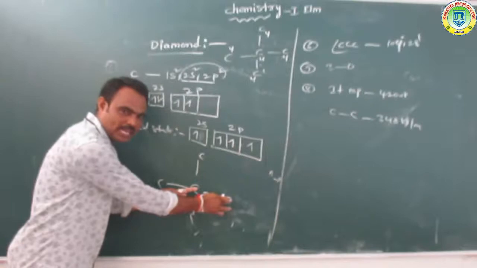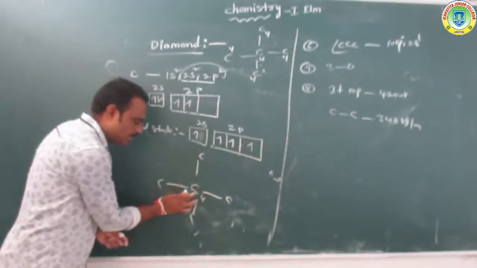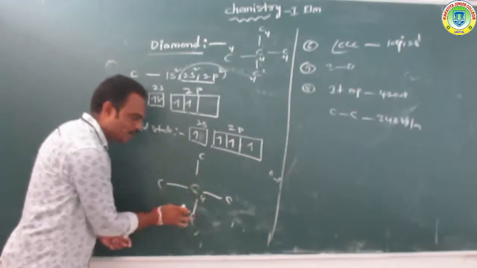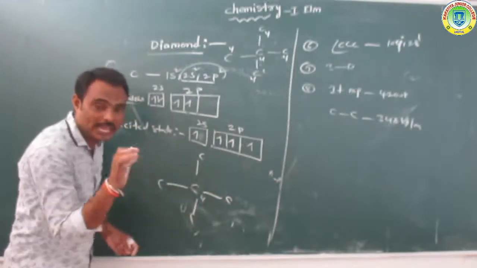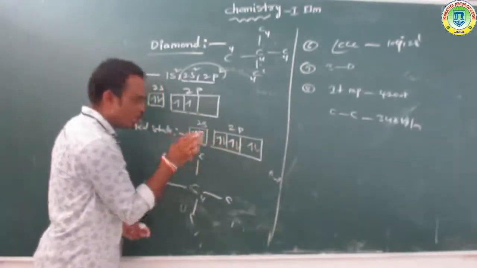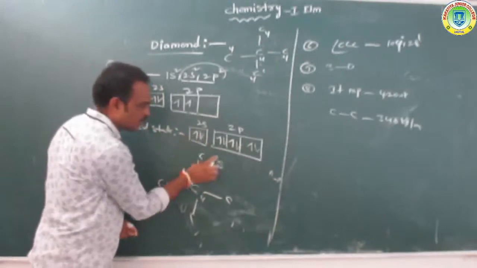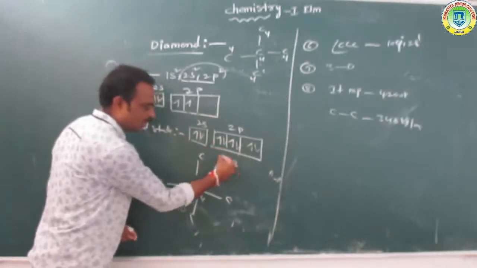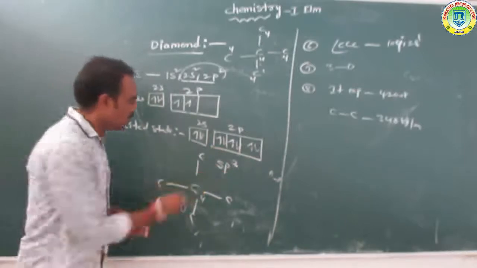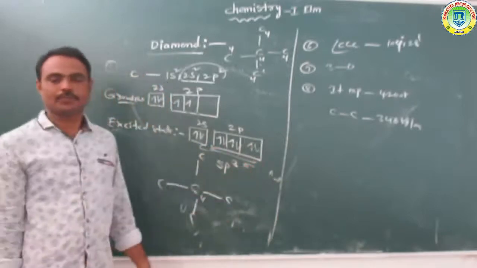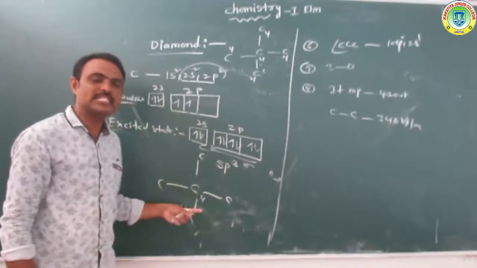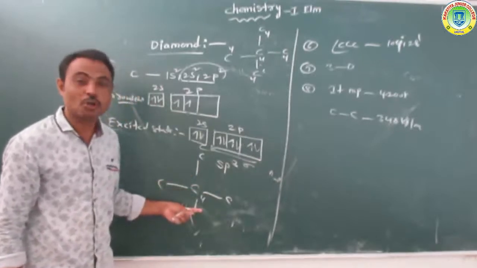So these 4 single electrons are attached with the single electrons of the surrounding 4 carbon atoms. Overall, sp3 hybridization. They are all sigma bonds, single bonds.